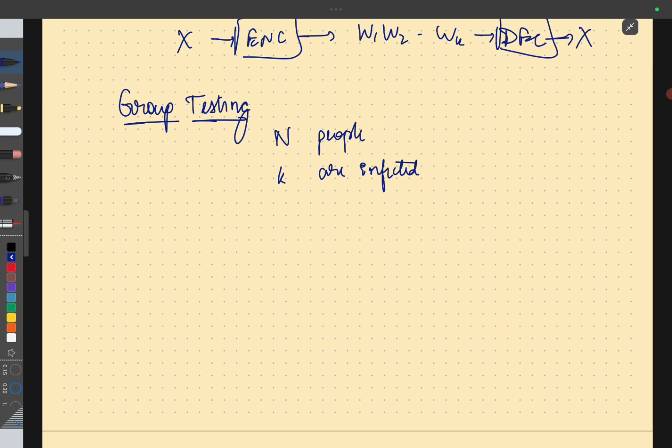So I need at least log n choose k to base 2 number of bits. I may or may not be able to do it using this many, but I definitely cannot do it using fewer than log n choose k tests. So this gives an automatic lower bound: the minimum number of tests I need to do has to be at least log n choose k.